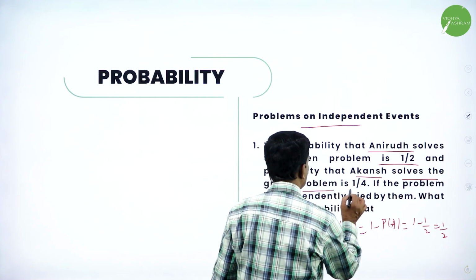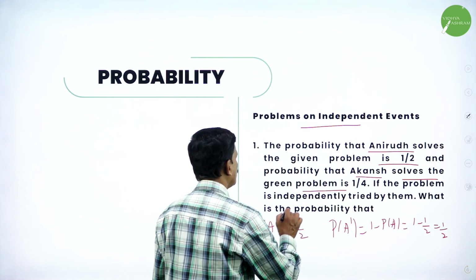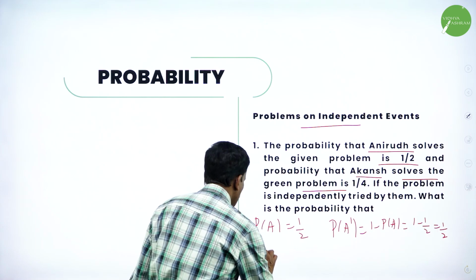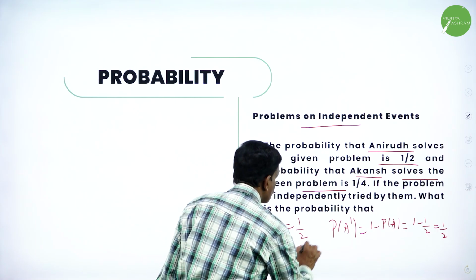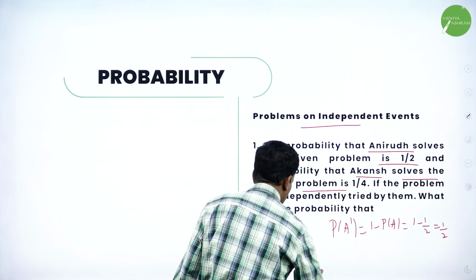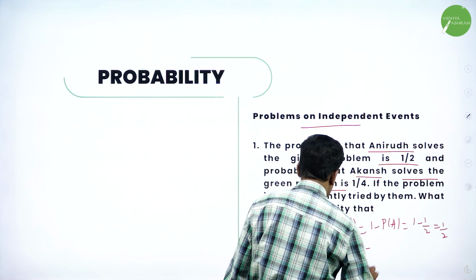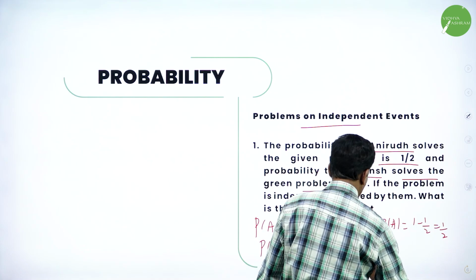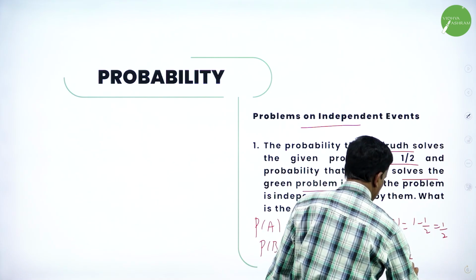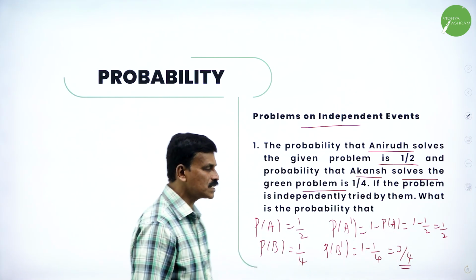Similarly, let us call the probability of solving the problem by Ankash B, which is equal to 1 by 4. And the probability of not solving the problem by Ankash is 1 minus 1 by 4, that is 3 by 4. So these are the conditions given.